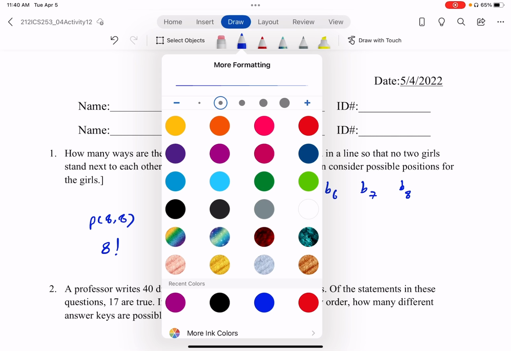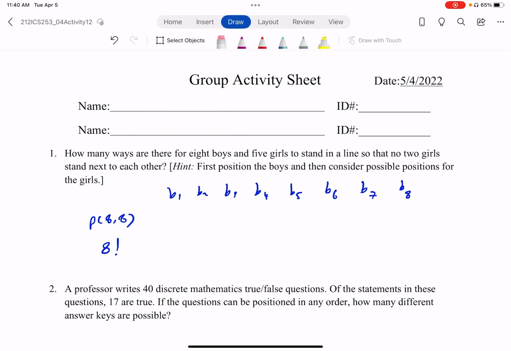So we have P1, P2, P3, P4, P5, P6, P7, P8, P9. So how many positions do we have for the girls? 9.